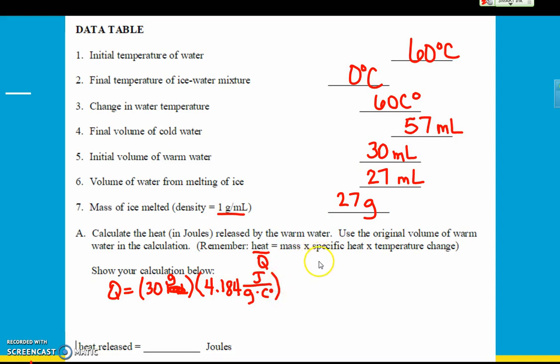And our temperature change, our warm water went from 60 to 0. So that's a delta T of 60. Our grams will cancel, our Celsius degrees will cancel. When you multiply these numbers, you are going to get an answer with the units in joules. And you can write that right here. Pause the video if you need a minute to multiply that out.